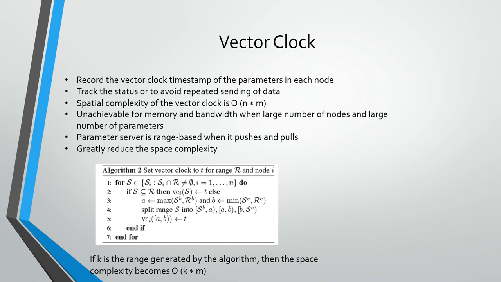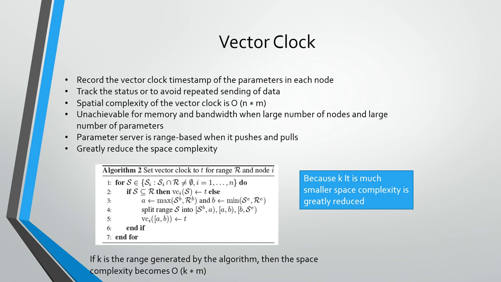Then I'm going to talk about the messages that are passed. The message includes the key-value pairs in the range and the associated vector clock. So it's a combination of key-value pairs and the vector clock stamp.